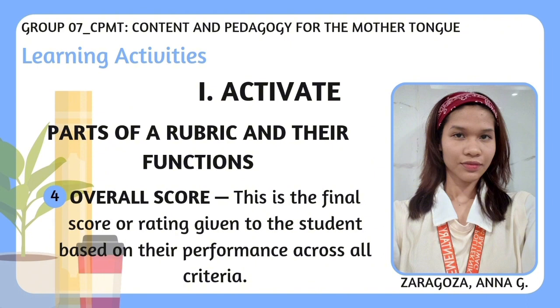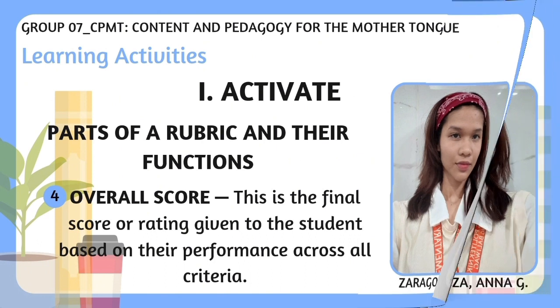The overall score may be calculated by aggregating scores from individual criteria, where each criterion is weighted based on its importance, or it may be determined using a holistic judgment approach where the assessor or the educator considers the overall quality of the learner's work in relation to the rubric criteria. The overall score provides a summary evaluation of the learner's performance on the assignment.